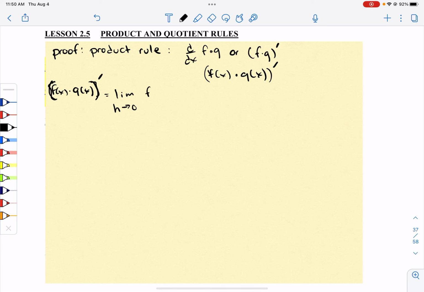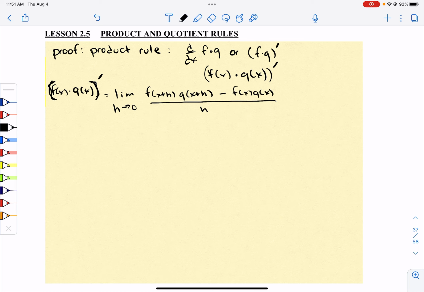So this is going to become f of x plus h multiplied by g of x plus h, and then I have to subtract f of x times g of x. And then all of that is going to get divided by h. All right, so far so good, right? Not too big of a deal.